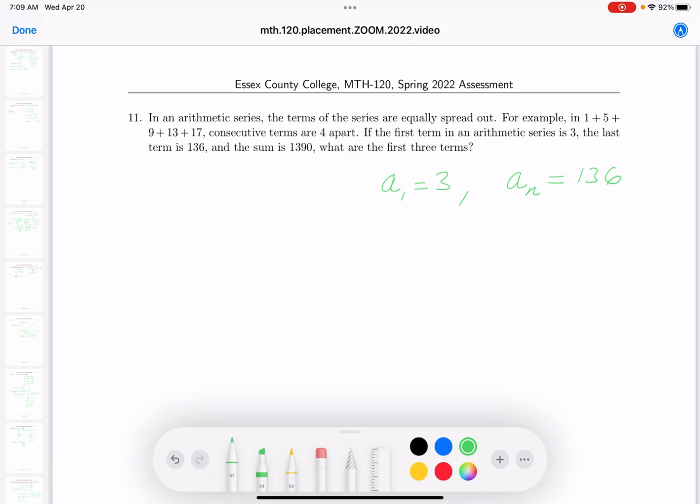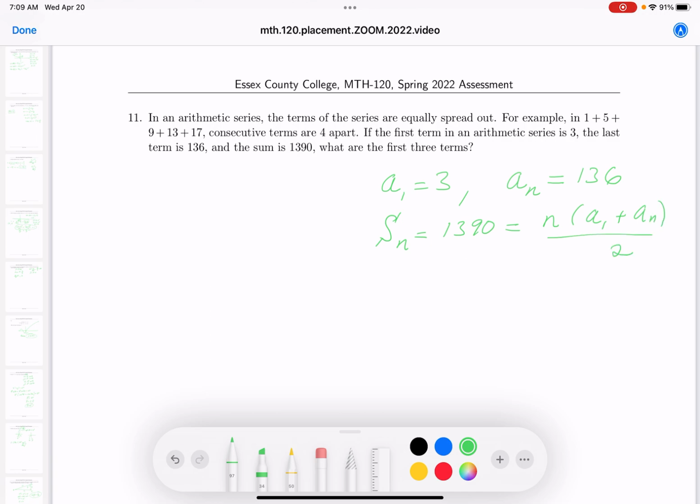They tell me the sum, Sn, is equal to 1,390. Now, not only have we derived the formula for this, but we've used it many times, and I'm hoping you can remember that. And what's that going to be? Well, Sn is going to be n times A1 plus An, over 2.